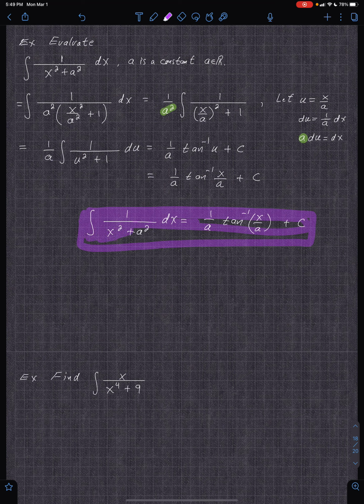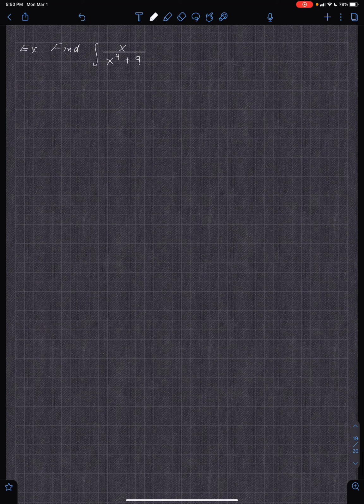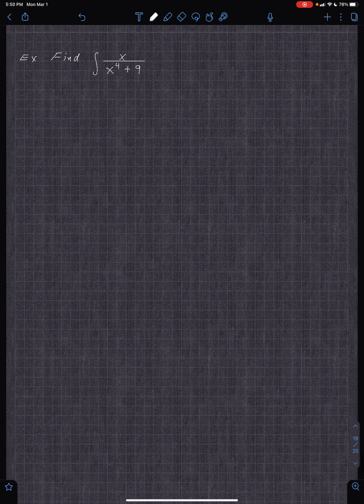Okay, so let's do one more of integration. That's usually the more difficult stuff, is integration, than derivatives. Okay, so this one, similar form as above, but it's going to take some more work to simplify this thing.